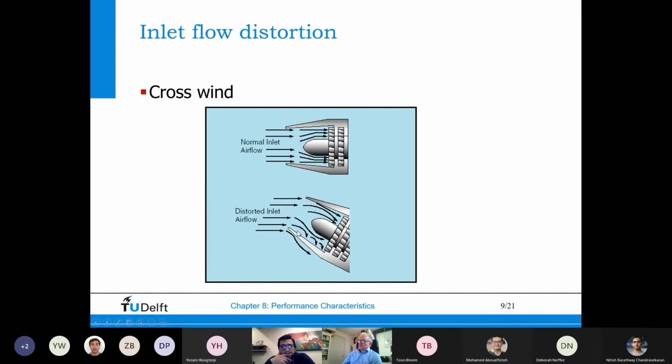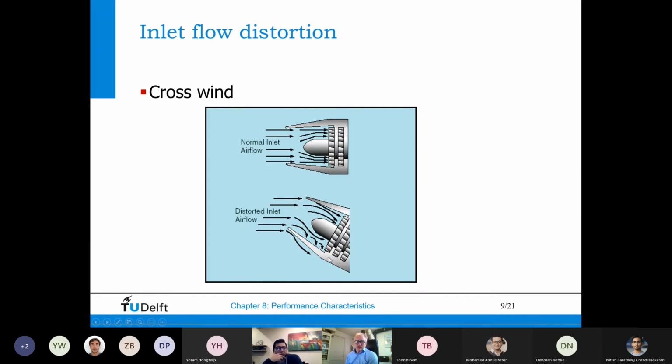But if you have a modern big turbofan engine with a much larger diameter, the inlet lip radius would be much larger. And even with crosswind, there would be no flow distortion. But in this case, you would have a boundary layer breakup here. And actually, the compressor doesn't like that.